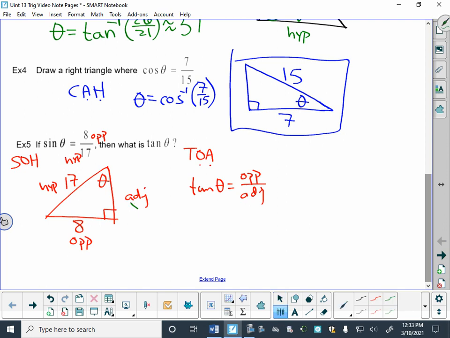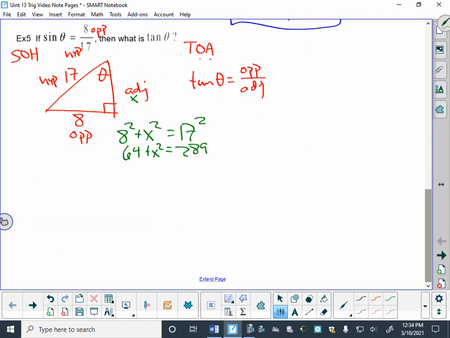If I call this adjacent side x, then 8 squared plus x squared, leg squared plus leg squared, equals hypotenuse squared. So 64 plus x squared is equal to 289.